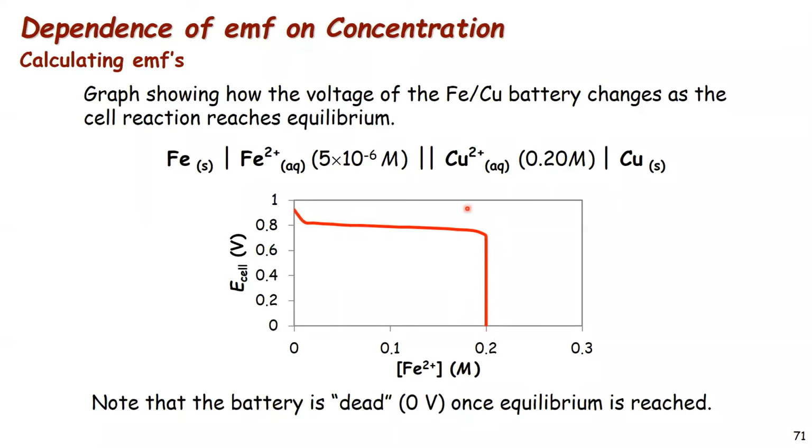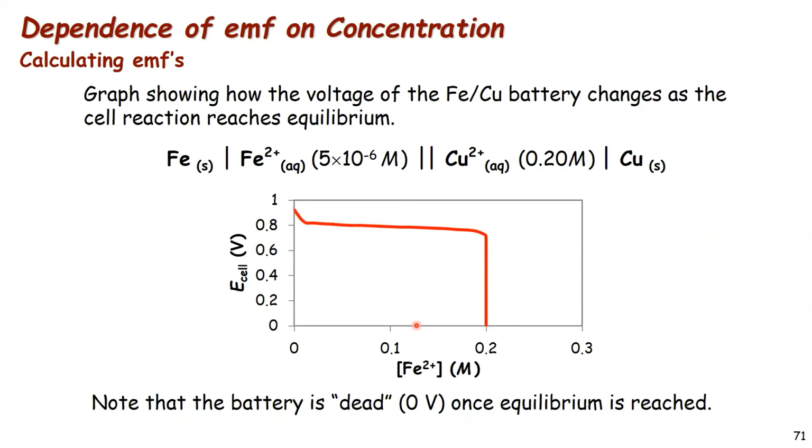Again, this is indicative of an intensive property, that it doesn't matter how much is there, as long as there's some there, it's going to have basically the same potential. Now we can see that it's not quite exactly the same. There is a small drop over time, but again, this is why batteries work. If the voltage constantly dropped like this, it would make our electronics very difficult.